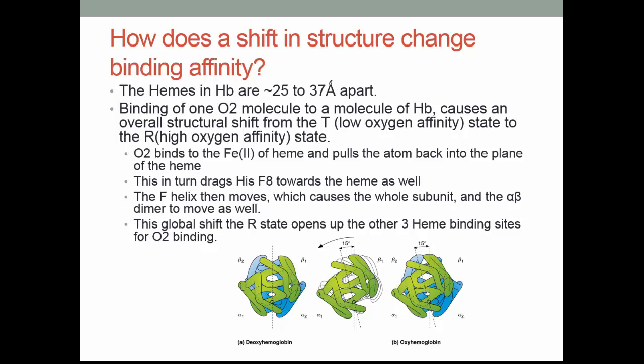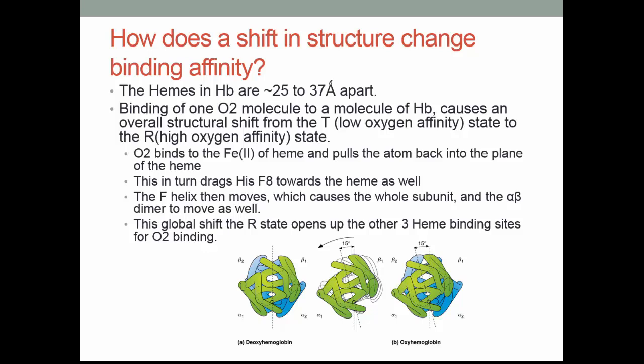By binding that first oxygen molecule, we pull the iron back into the heme ring, which pulls histidine on helix 8, which pulls helix 8, while that pulls the entire alpha-beta dimer and drives the 15-degree rotation of one dimer against the other. This global shift to the R state literally opens up the other 3 heme binding sites and makes it easier for more oxygen molecules to bind.